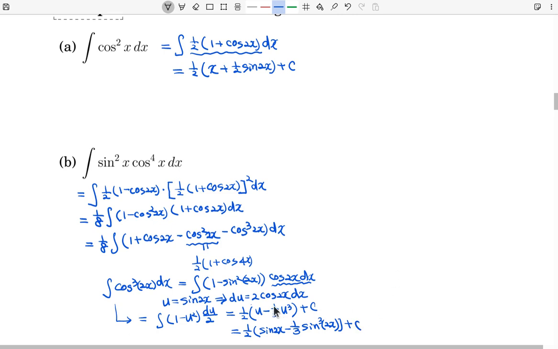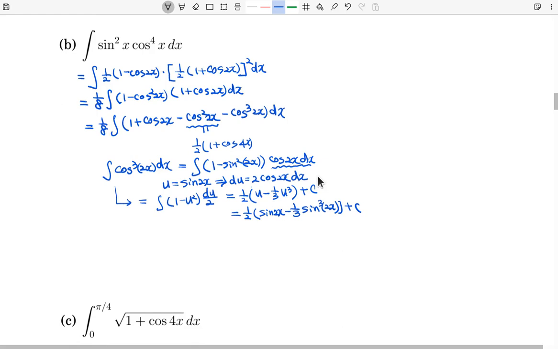Okay, and so the integral of this term is now known. For the others, you can find them quite easily. Try to finish it yourself.